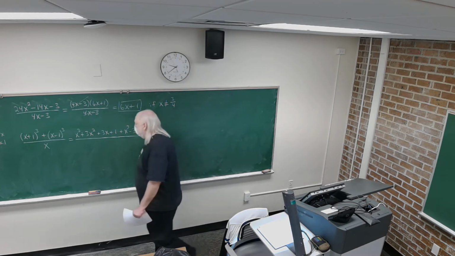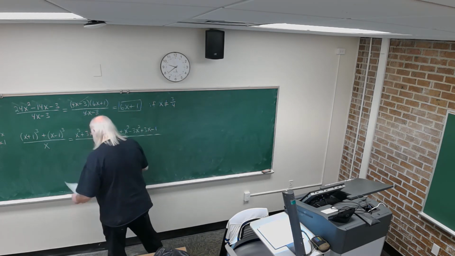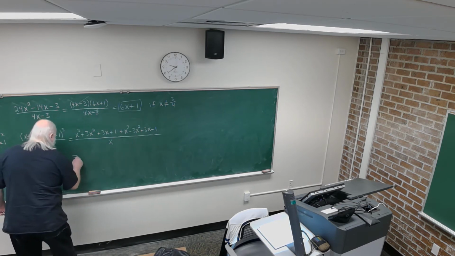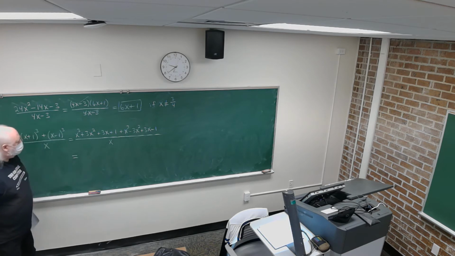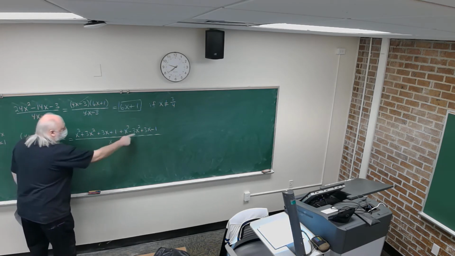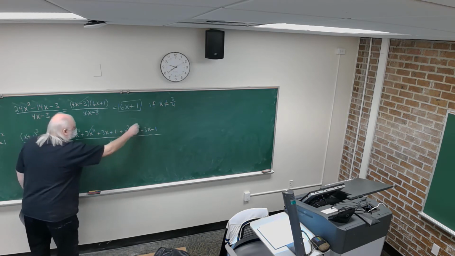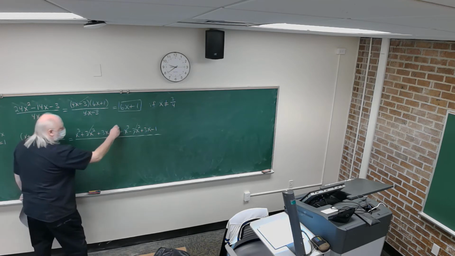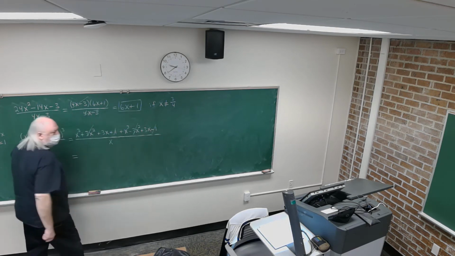In the denominator we have x. Well, simplify the numerator, right? Combine like terms. 3x squared minus 3x squared is 0. And plus 1 minus 1 is 0.